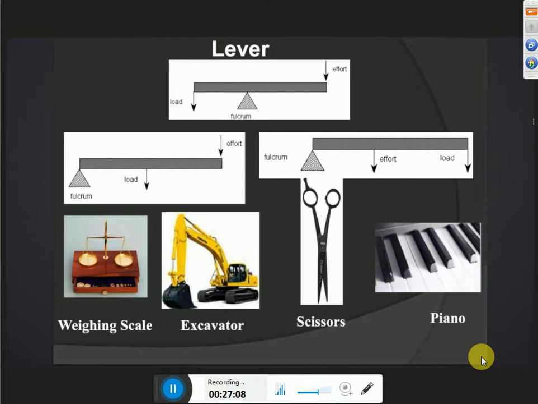When we discuss the lever principle, there are many examples in which the lever principle is used. Besides the three figures on top, the load, effort and the fulcrum, which we know from physics, I am requesting the real life examples and the safety of those designs: piano, excavator, weighing scale. When you weigh, it depends on what you're weighing.